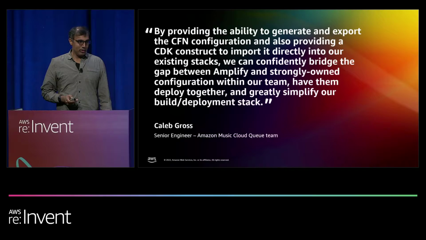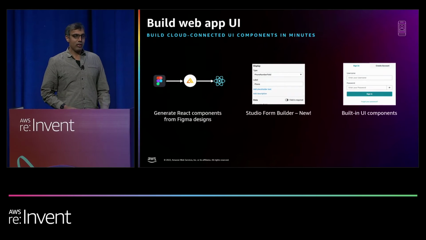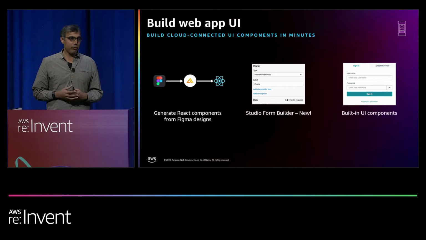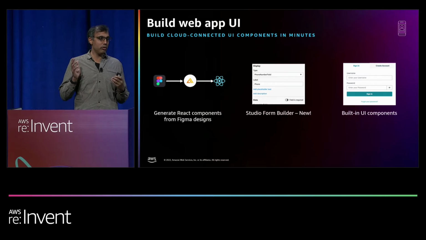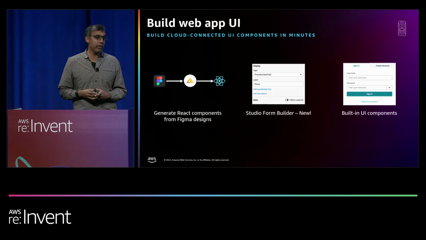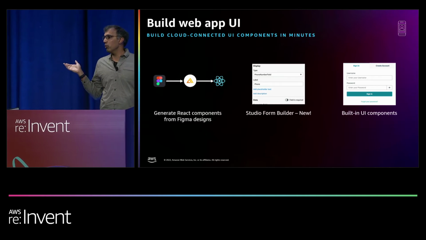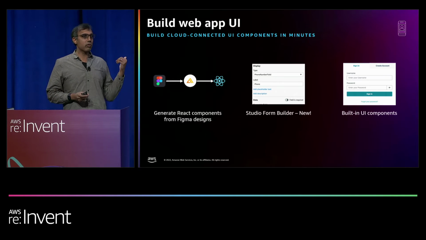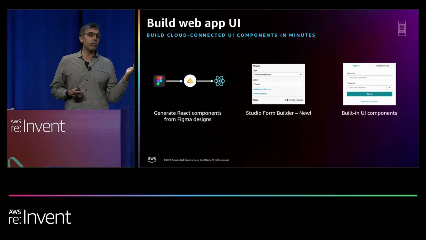Awesome. Thank you, Abdullah. All right, so the first thing we're going to do is build the web app UI using some of the functionality in Amplify, which lets you build cloud-connected UI components in minutes. And we'll walk through 3 ways you can do that. The first way is you can generate React components from a popular design tool called Figma.